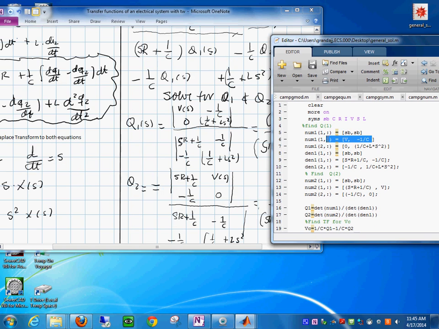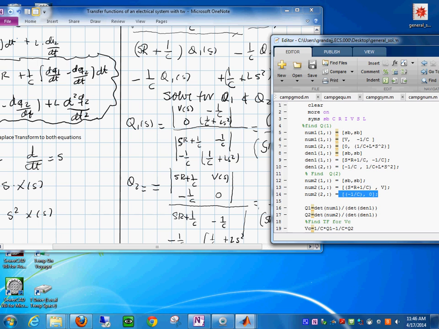This one is the first row, this other one is the second row. And the denominator is over here, first row, and the denominator over here, the second row. And then I defined Q2 the same way, this one right here.